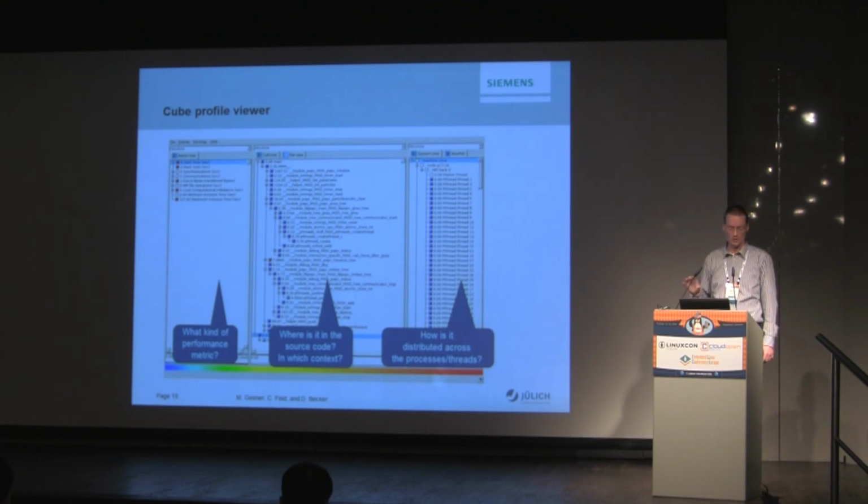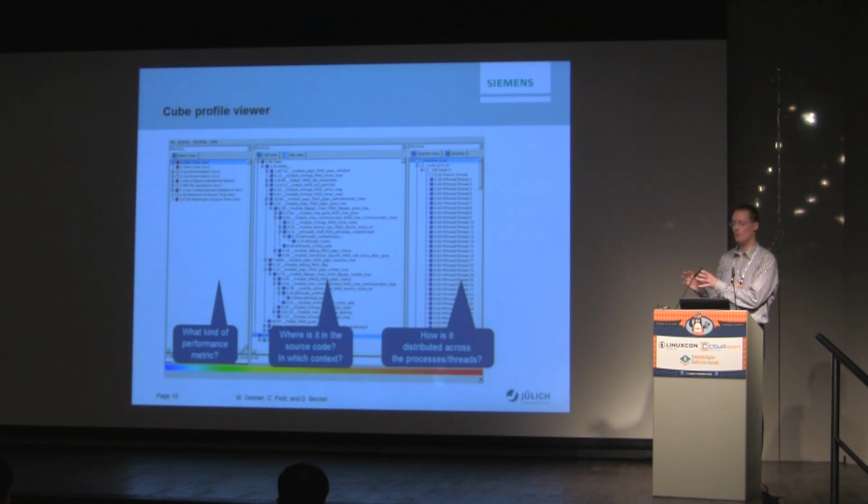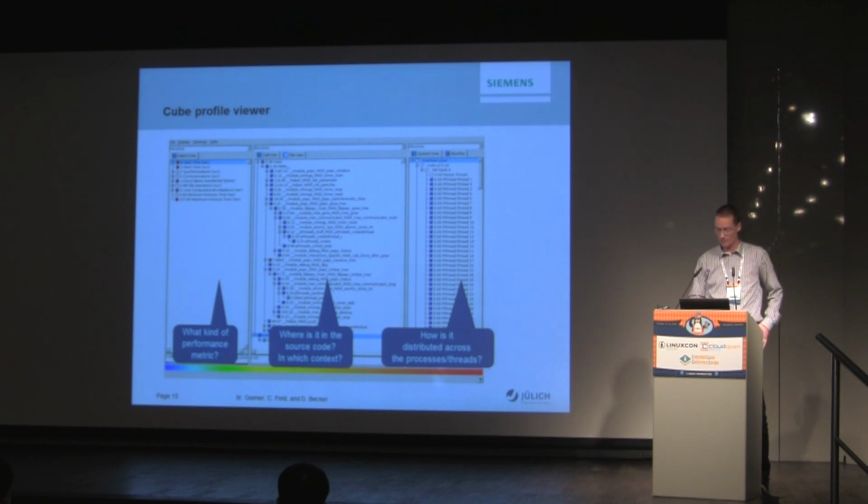So where is it located in the source code? And then when you click on there, on the right-hand side, you can see how this particular metric in this particular call path distributes across the system. In this particular case, we have an application which used 64 MPI ranks and a whole bunch of p-threads.